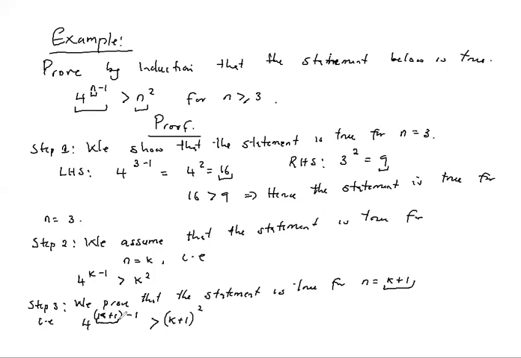Okay. So from there, what do we need to do? So let's take it the other side. So we have 4^(k+1-1) should be greater than (k plus 1) squared. That's what we want to show.